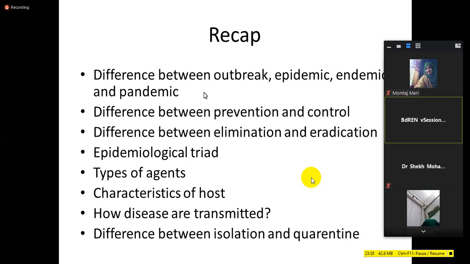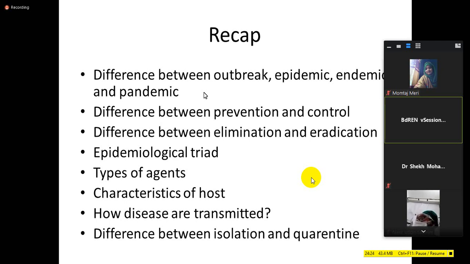So the outbreak, first of all, you have to understand what is endemic. Endemic means normal occurrence of the disease in a specific geographical territory. So I have given some examples like goiter. Goiter means hypothyroidism, a swelling in the thyroid.